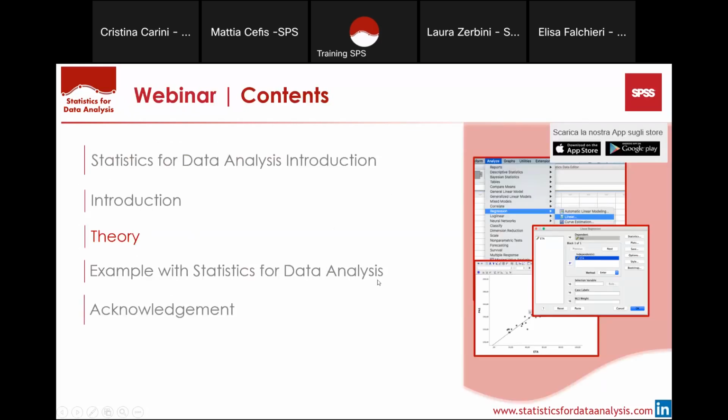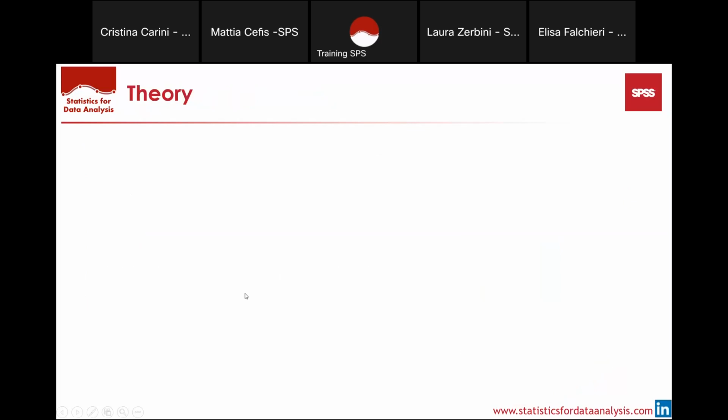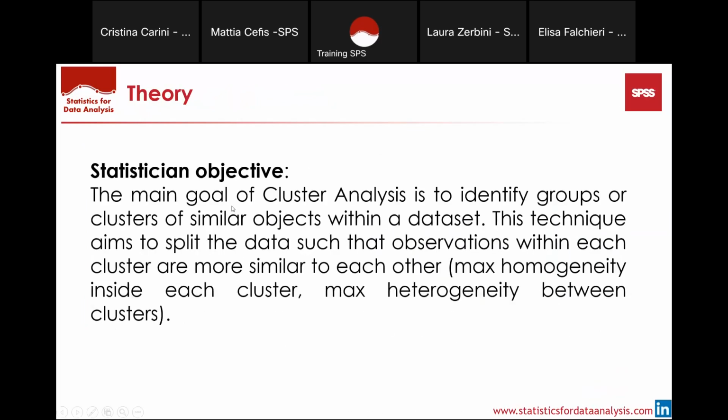Now I show you, in just a few words, the theory of clustering, in order to better understand its goal and have a clearer idea about it. The statistical objective is the following. The main goal, as I told you briefly in the previous slide, is to identify groups, or clusters, of similar objects within our datasets.